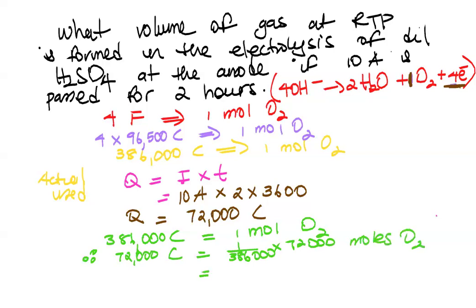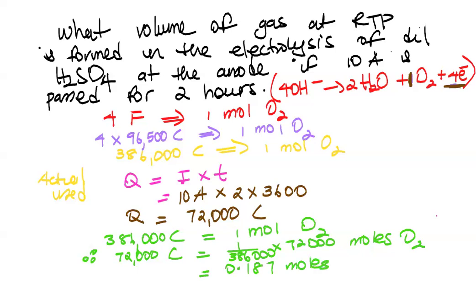My moles of O2 is how much? 0.187 moles. So if I get up to here, I would have gotten most of my marks. So make sure you get up to there safely.